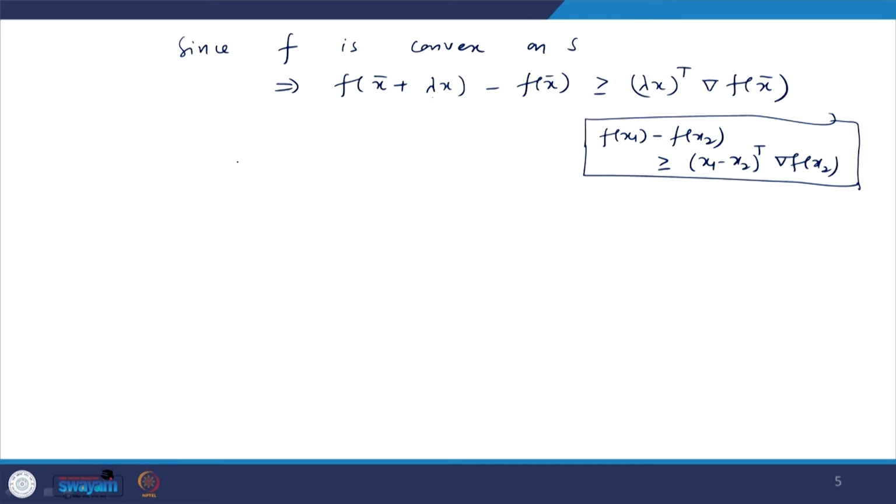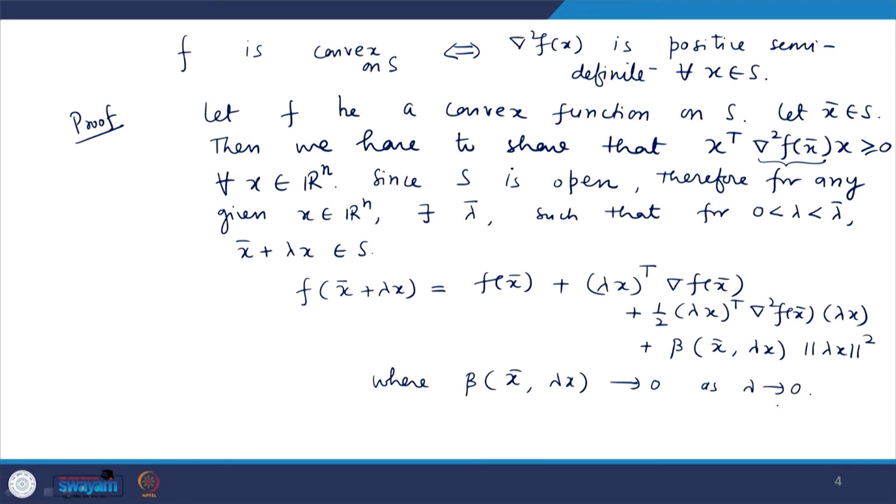Now, using the above expression, suppose this expression is 1.